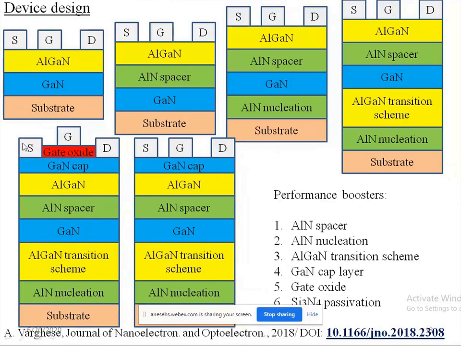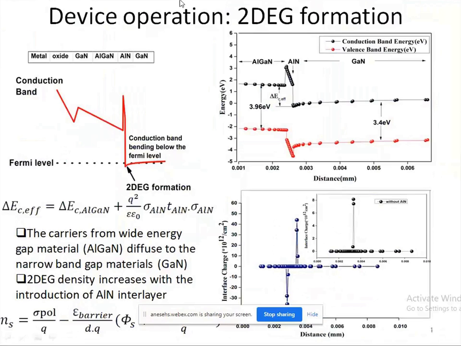Here, like the MOSFET, it will have a dielectric modulated gate. Again, we have tried to optimize the thickness of the gate oxide as well as the material of the gate oxide. We have worked with 3 basic gate oxides, that is Al2O3, HfO2 and SiO2. And we found that Al2O3 gives the best performance when the devices are fabricated for sensing applications. The device operation, I'm not going to explain in detail.